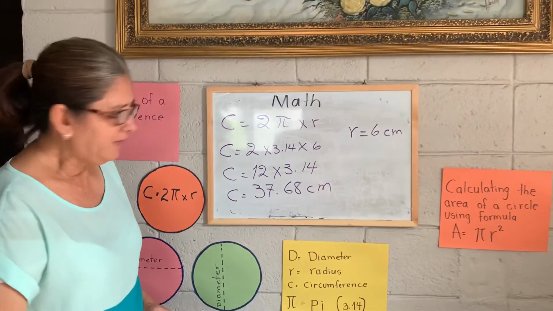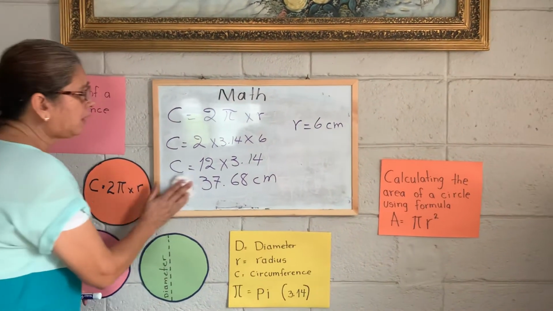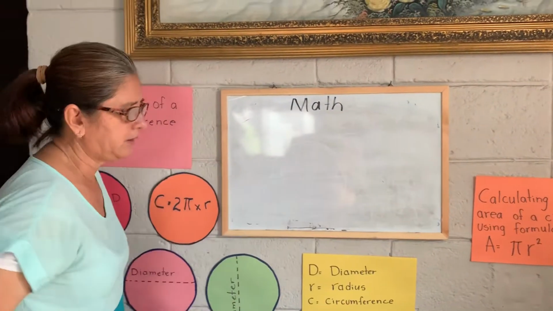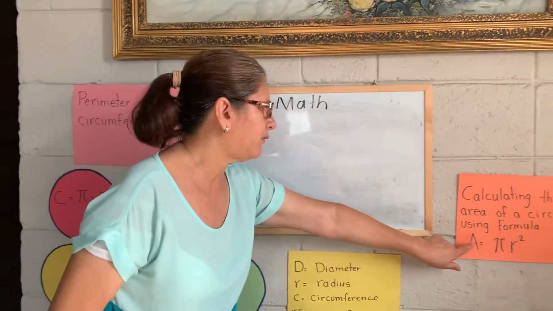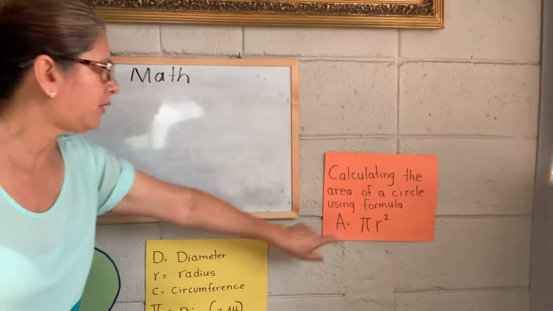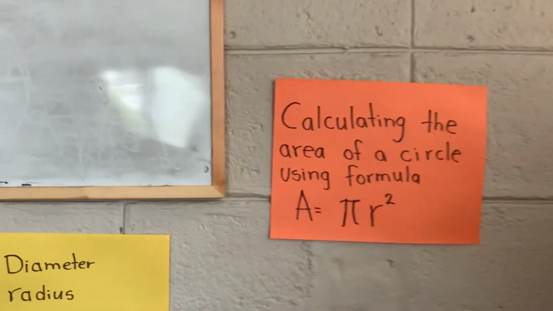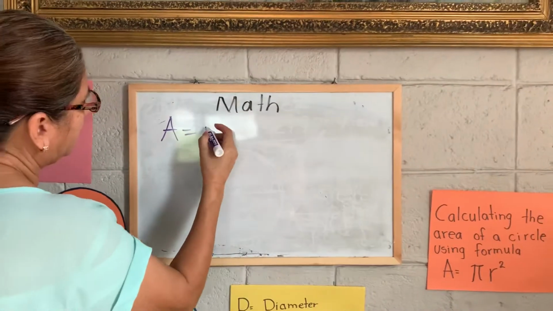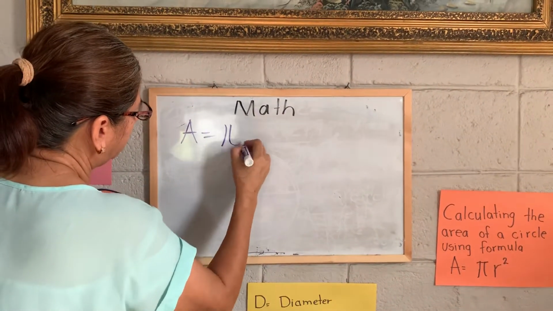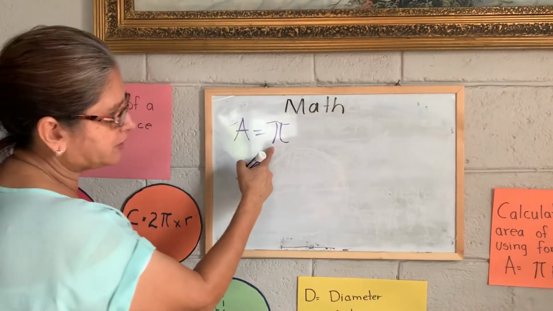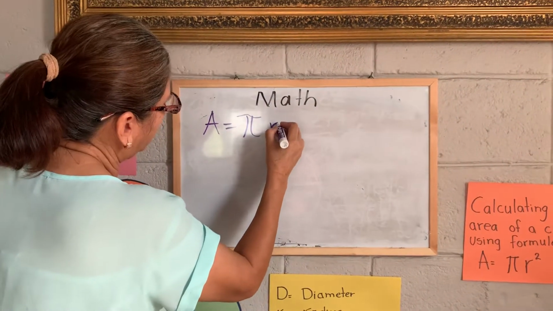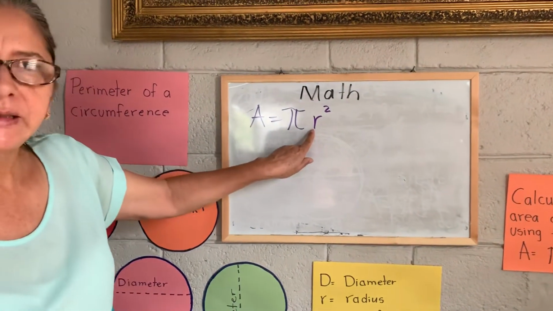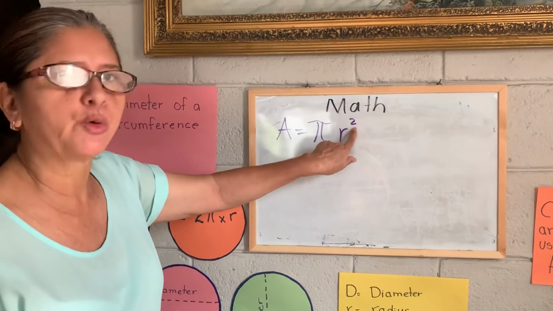So now I'm going to find the area of the circle. To find the area of the circle, I'm going to use this formula, in which A means area, and pi is 3.14, multiplied by r squared, in which r is radius, but we have to square.